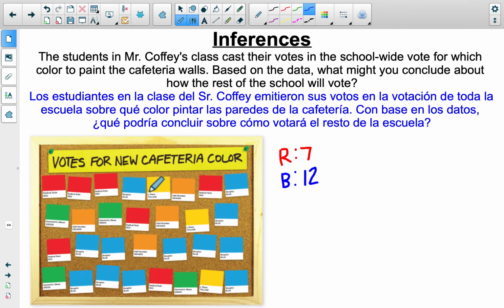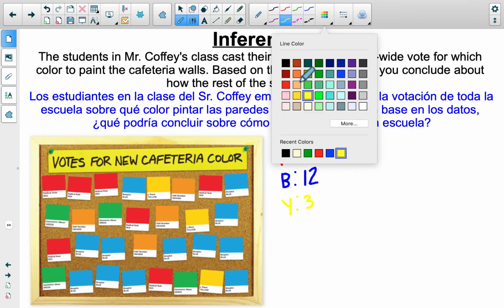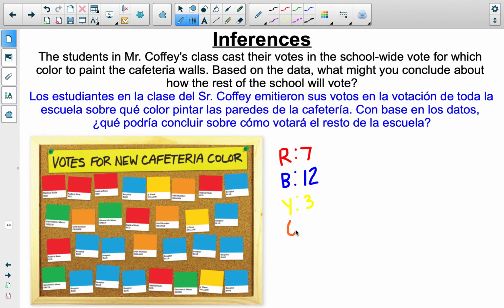Cool. Next one, let's look at yellow. Yellow only had 3. Let's look at orange. And orange has 1, 2, 3, 4. And then green has 1, 2, 3, 4.